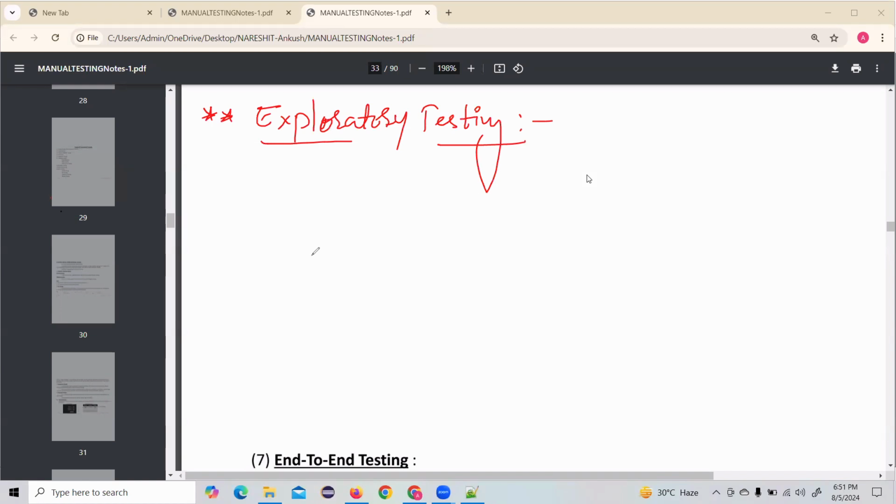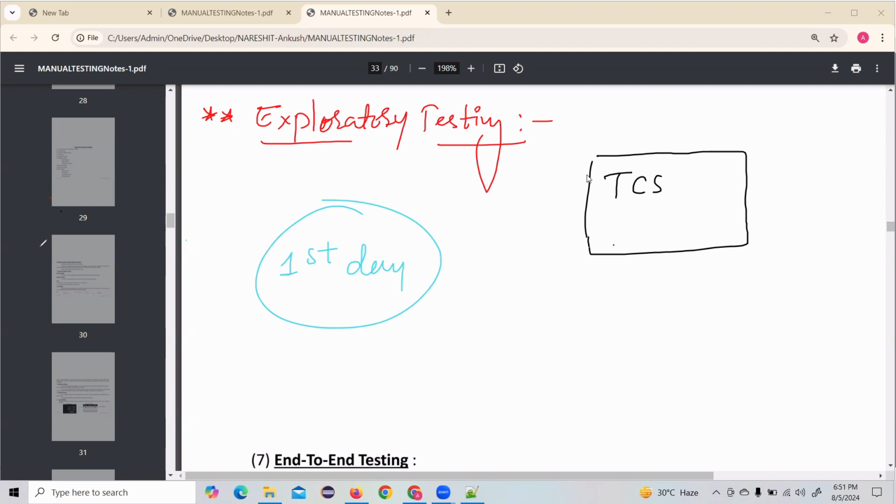Look here. There is one company, for example, TCS, Pedda Bangla. And this is your first day. At 9 a.m., you are there in the company.